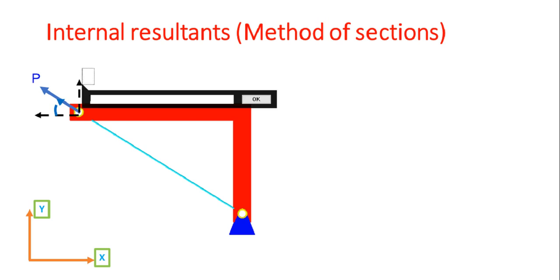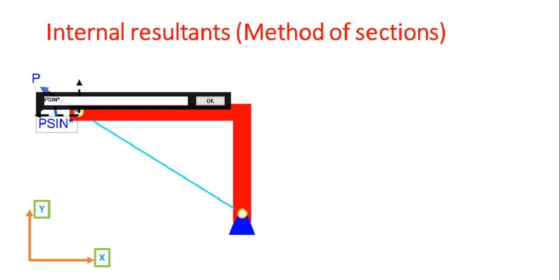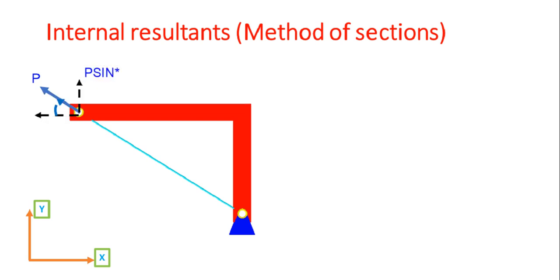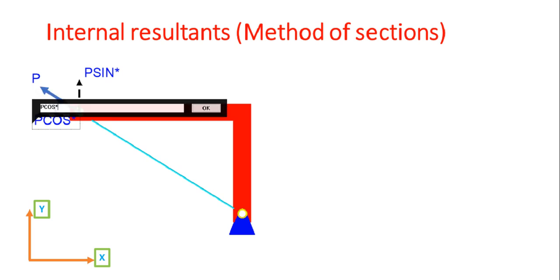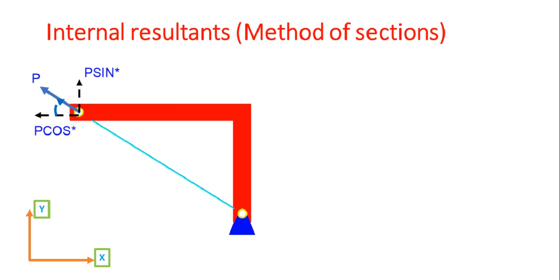This force makes an angle theta with the horizontal, so this component will be P sine theta, and this will be P cos theta. Here is the end point, and this is the pin joint.